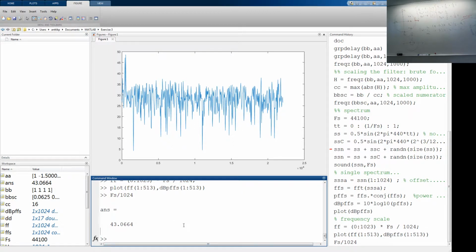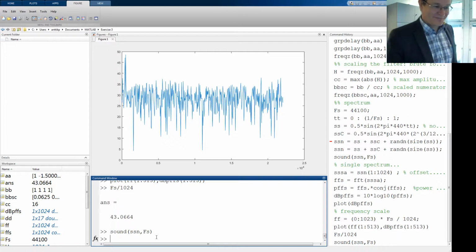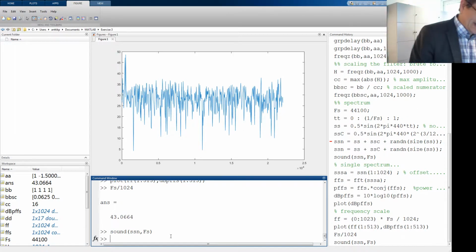All right. And what happens if I calculate the spectrogram then? What do you think? Spectrogram. Let's calculate the spectrogram.